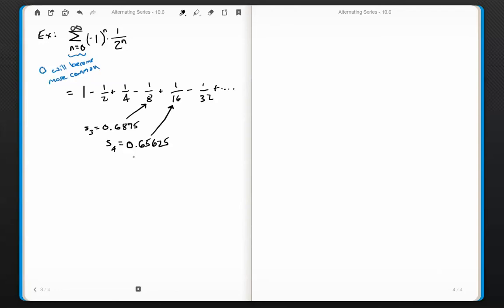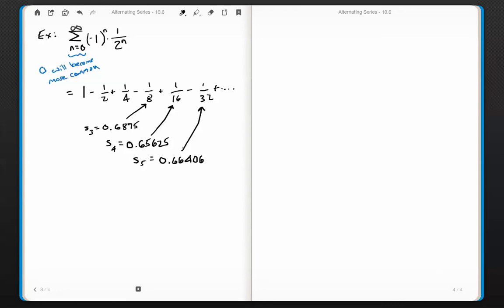Okay, now according to our alternating series estimate, the next one should fall somewhere between these two, right? The next partial sum should be between there. Sure enough, S sub 5 equals 0.66406. And that's after that sum there.